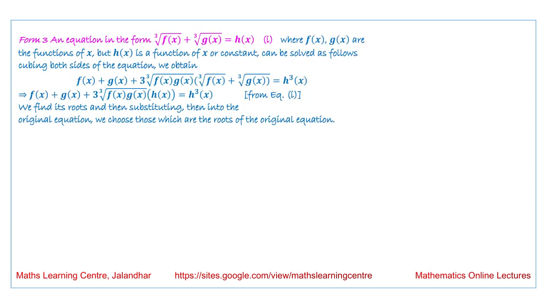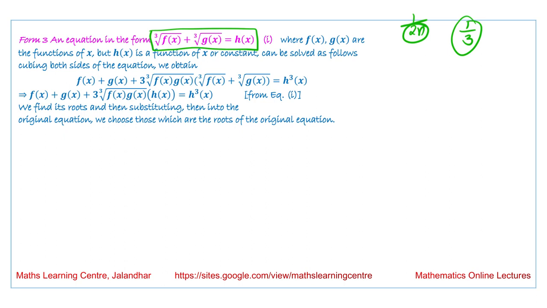Next is an equation of this form. In place of the power 1 by 2n in the previous cases, here the power is 1 by 3. So this is not an even, but an odd power.